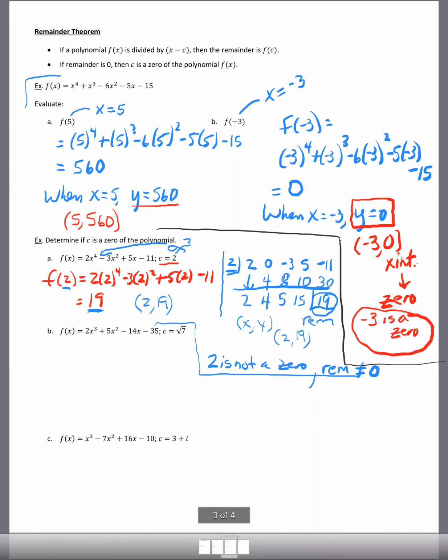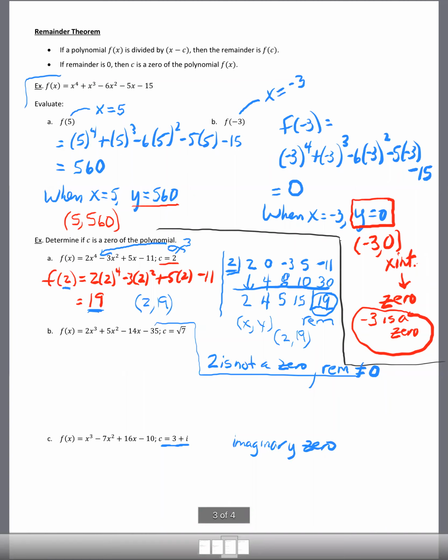You can also take a complex number, 3 plus i. Now, if this complex number does give us a remainder of 0, or when you substitute it in, it gives you 0, it would be classified as a complex 0, or what we would call an imaginary 0, if it does work.